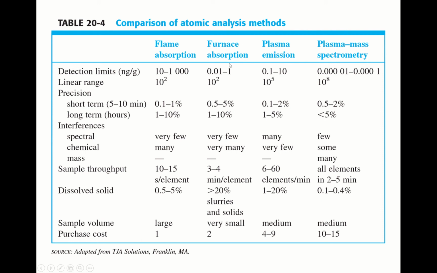But for furnace absorption, since you put a very small sample in the furnace, you don't need a large volume. For flame emission, plasma emission and plasma mass spectrometry, the sample volume is medium.